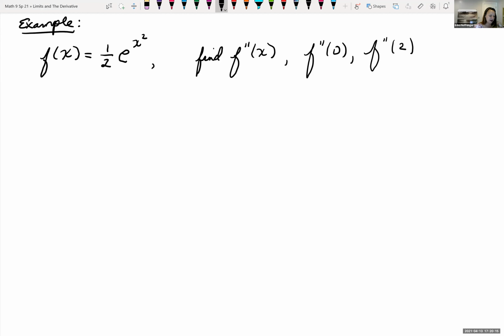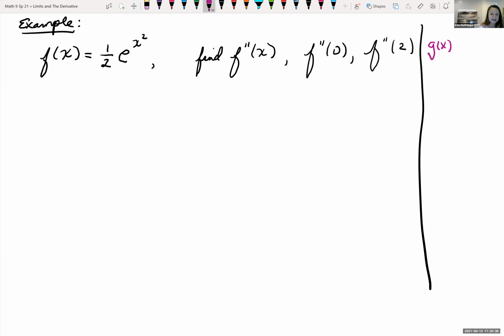Okay, so in this example, we have f of x equals 1/2 times e raised to the x squared power. So again, we want to find the double derivative, and the double derivative evaluated at 0 and 2. So first thing we need to do is take the derivative of f of x, but let's just review real quick, just in case you forgot.